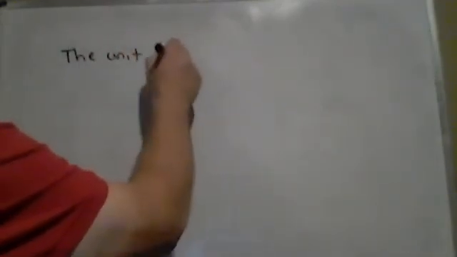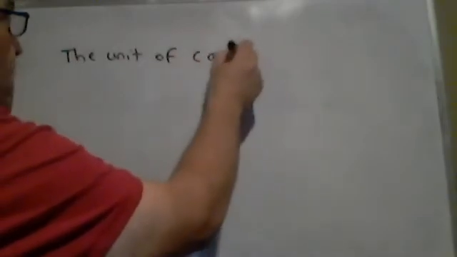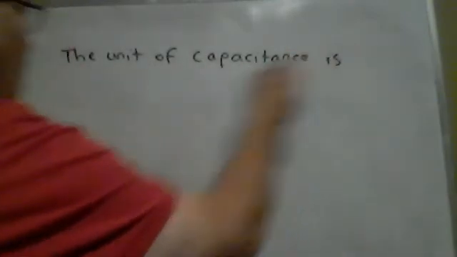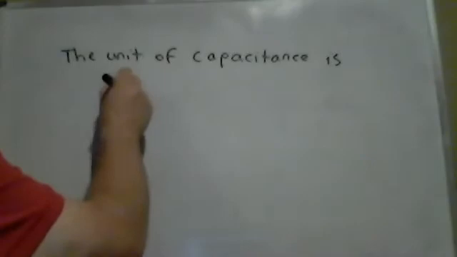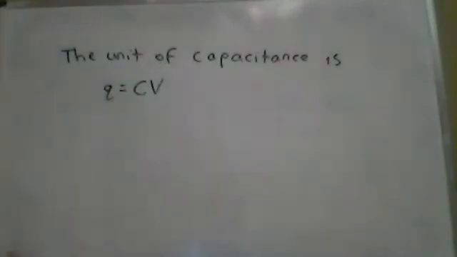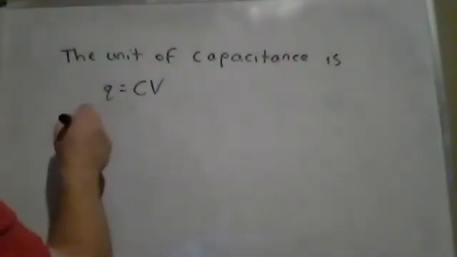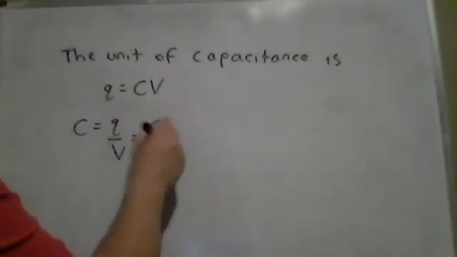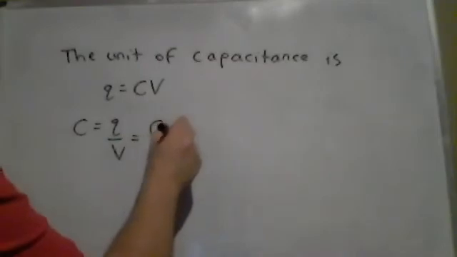Again, Q equals CV, so C is Q over V, or Coulomb per volt.